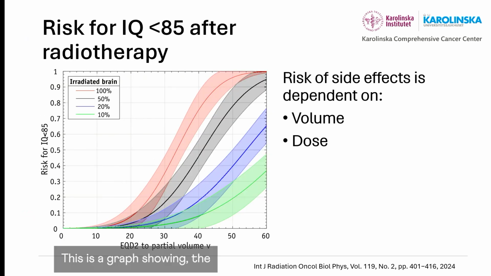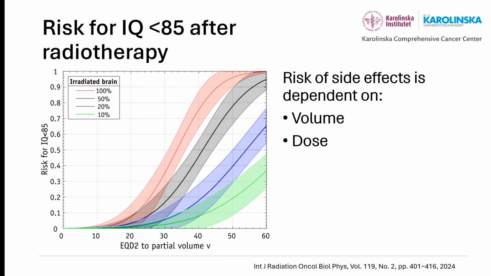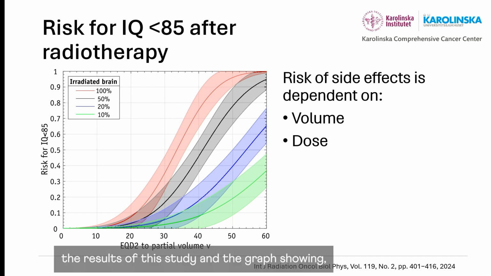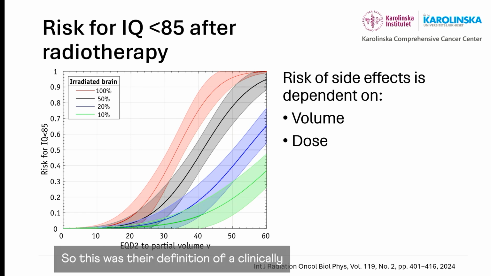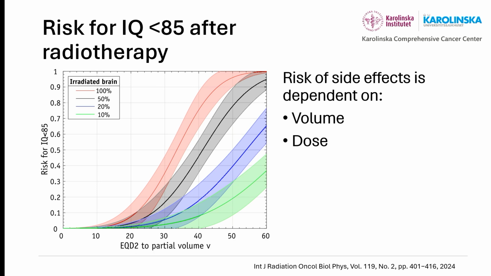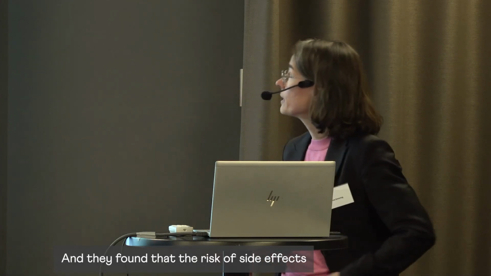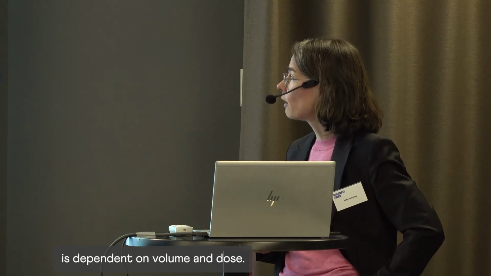And this is a graph showing the results of this study, and the graph showing risk of IQ under 85 after radiotherapy. So this was their definition of a clinically significant decrease in IQ. And they found that the risk of side effects is dependent on volume and dose.